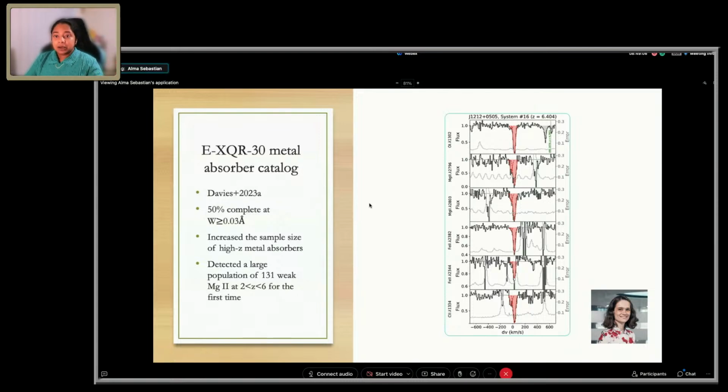This catalog has substantially increased the existing sample size of high redshift metal absorber surveys, as well as was able to detect a large population of 131 weak intervening Mg2 absorbers at redshift between 2 and 6 for the very first time.